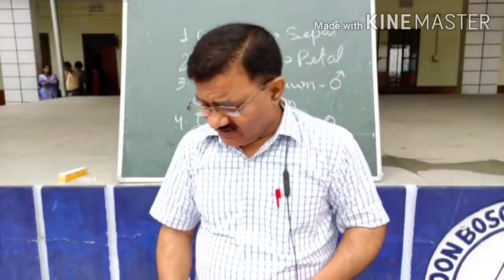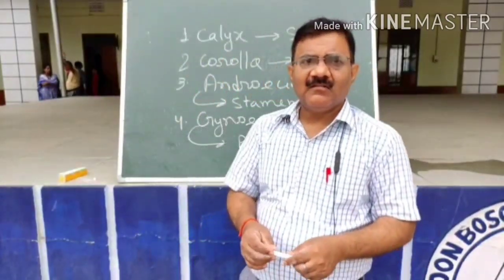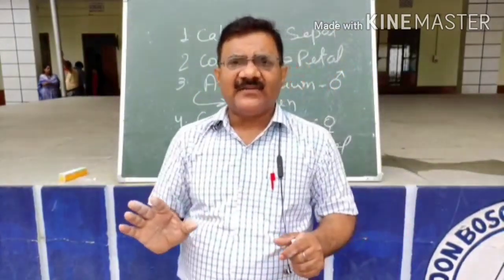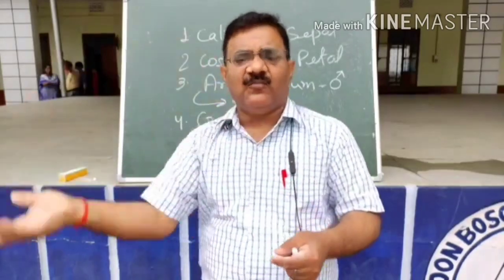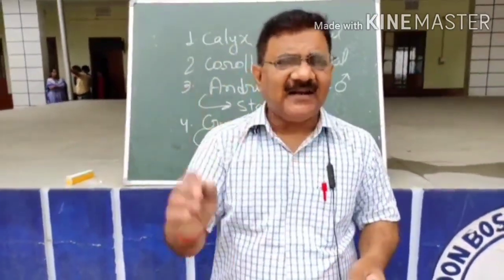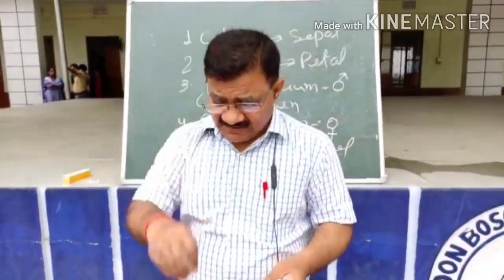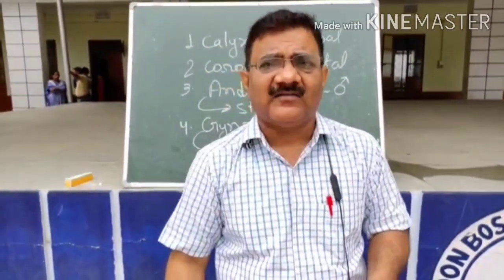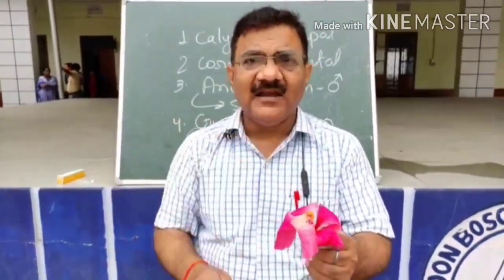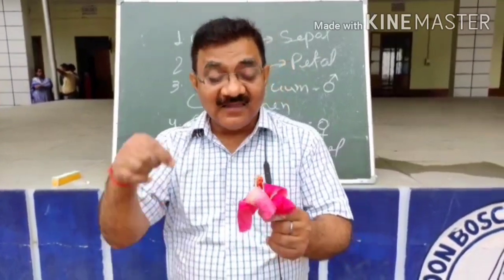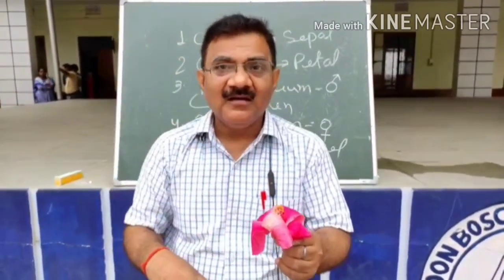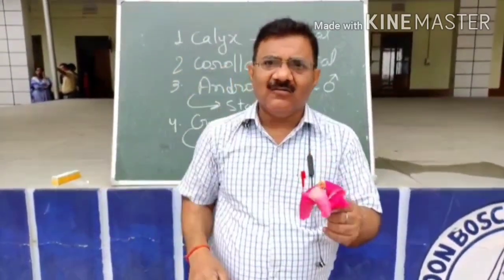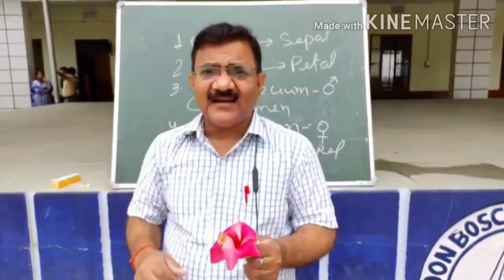Now a question arises in my mind. To attract the insect, the flower is colored, and the flowers which bloom in the night are white, that part is clear. But why will insects be attracted towards the flower? What will they get? Do you know? They go there in search of food. What is the food of those insects?